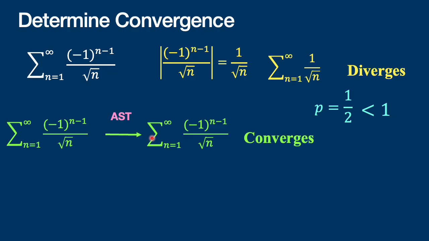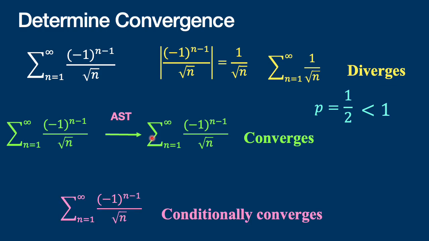So now, what do we know? When you take the absolute value of the terms and find the sum, the series diverges, but the original series converges. We say this original series converges conditionally.